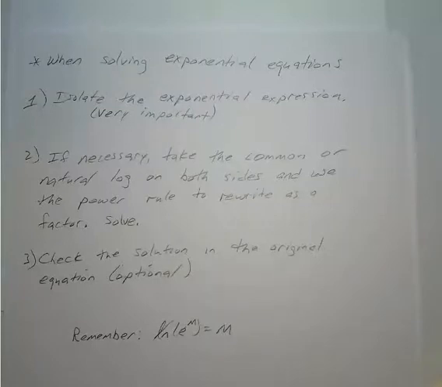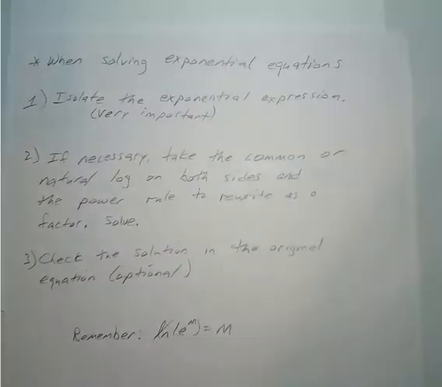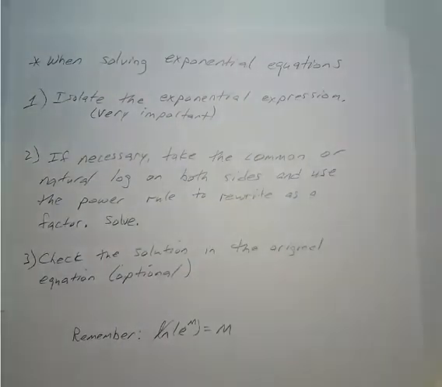Now, second, if necessary, because in some cases it won't be necessary, take the common logarithm or the natural logarithm on both sides and use the power rule to rewrite as a factor. It looks a little bit ran together here, so let me clean that up. Then you're going to solve from there.